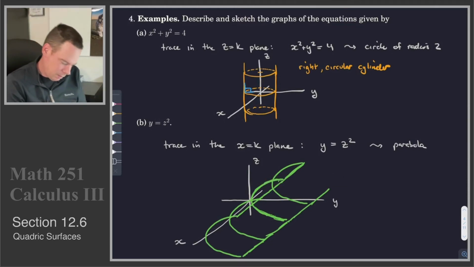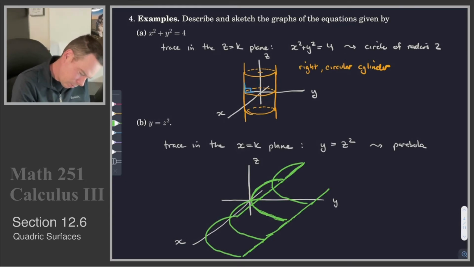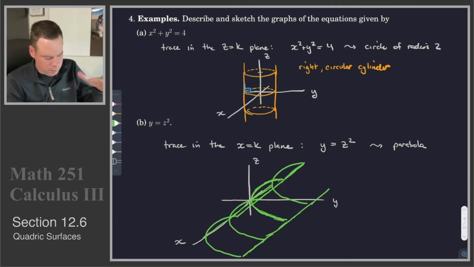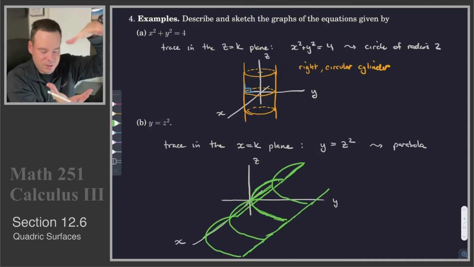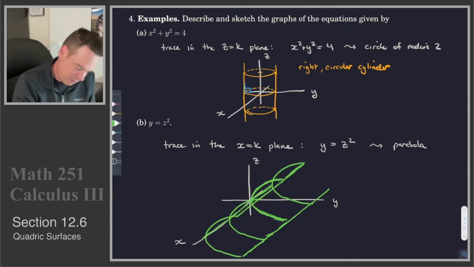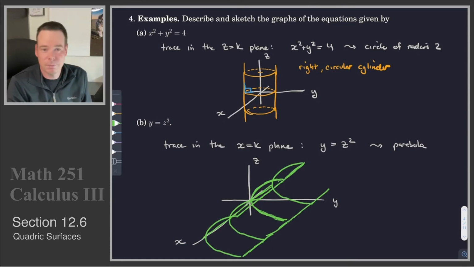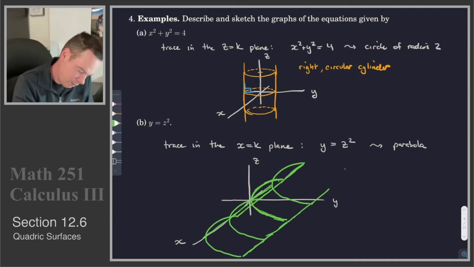It potentially looks like a feeding trough turned on its side, like something farm animals would eat out of. That's our resulting shape. This is a cylinder.